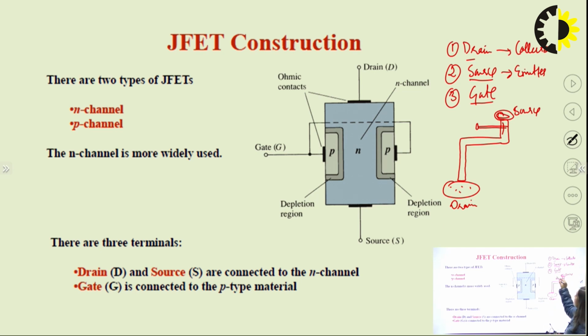So with the help of this gate, we can control the supply of water from source to drain. Similarly in JFET there are three terminals, drain, source and gate. From the source, majority charge carriers will be emitted, at the drain charge carriers will be collected, and the gate will control the flow of charge carriers between drain and source.